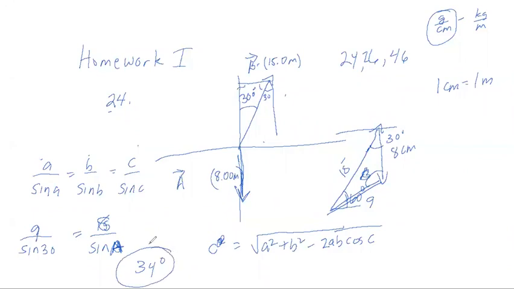Then the angles of a triangle equal 180. So you just add 34 degrees plus 30 degrees, 180 minus that. And let's see, 180 minus 64 would be 116. So this has got to be 116.